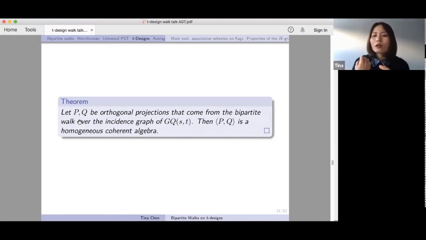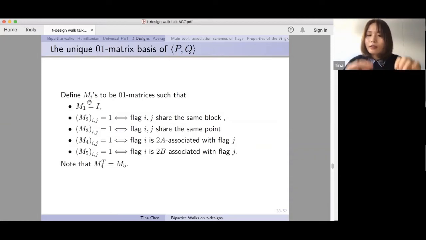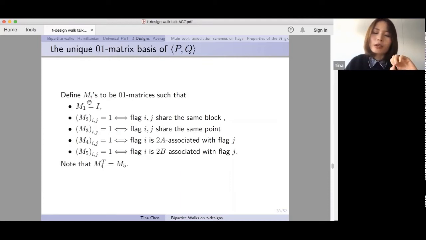And we know every coherent algebra has a unique basis that consists of 0-1 matrices. I will define those M_i to be 0-1 matrices, and each of them corresponds to a relation between two flags.